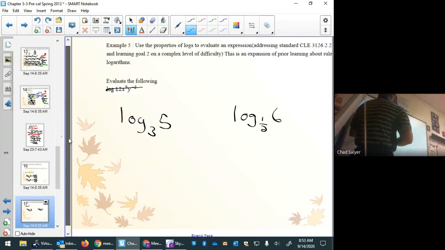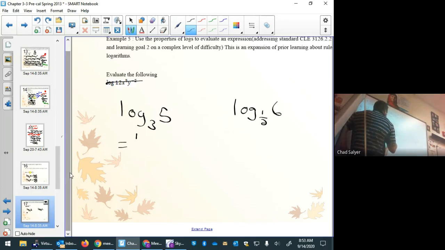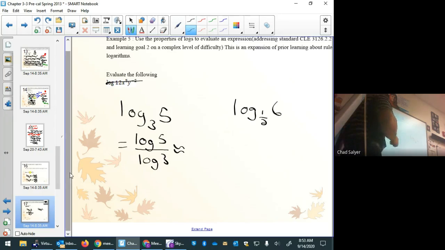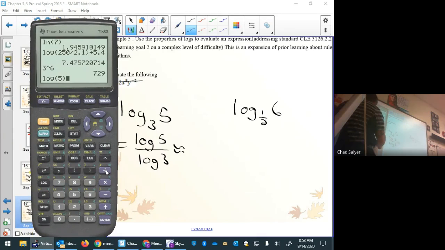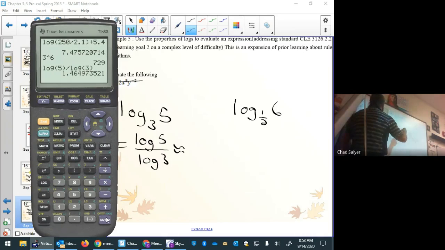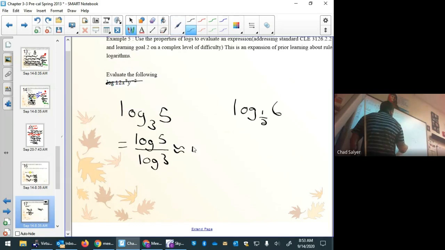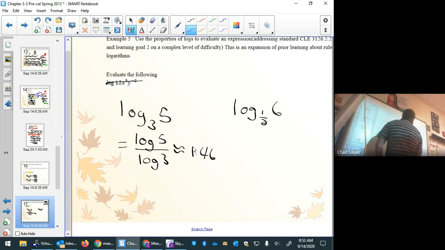So this is going to be the log of 5 over the log of 3. And the calculator will give us an approximation. So that's about 1.46 to the nearest hundredth. And then over here, the log of 6 over the log of 1/2.